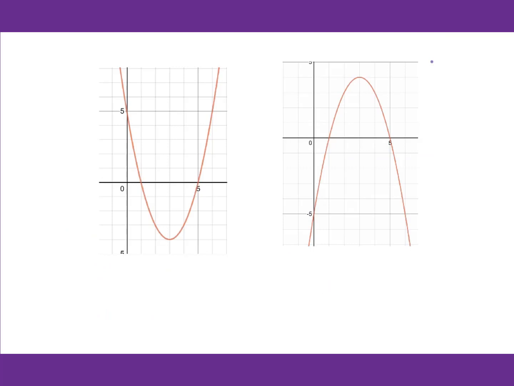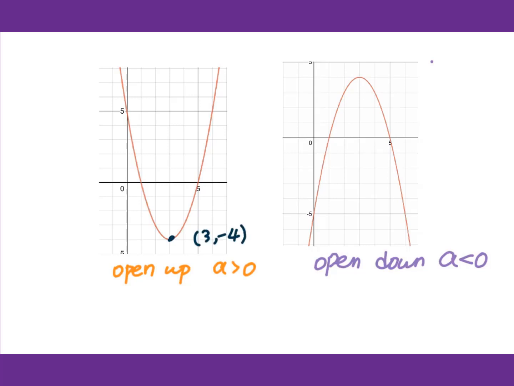Let's analyze these two graphs. First of all, this one opens up, which means a greater than 0. This graph opens down, which means a less than 0. For the vertex, this will be (3, negative 4).